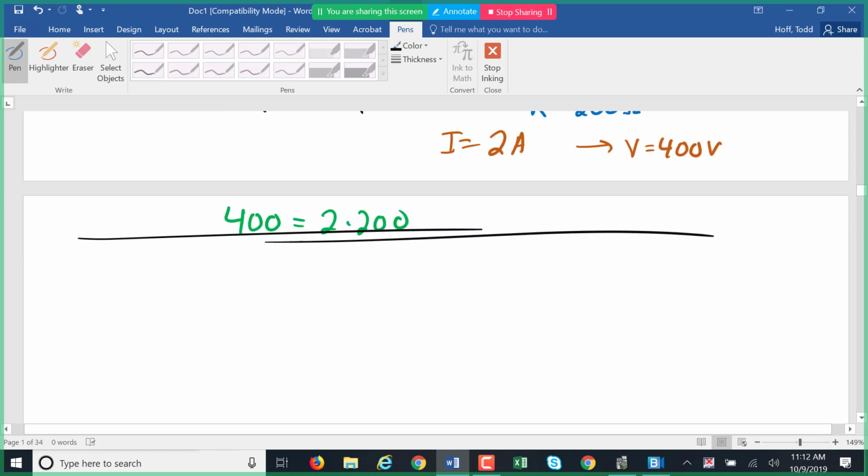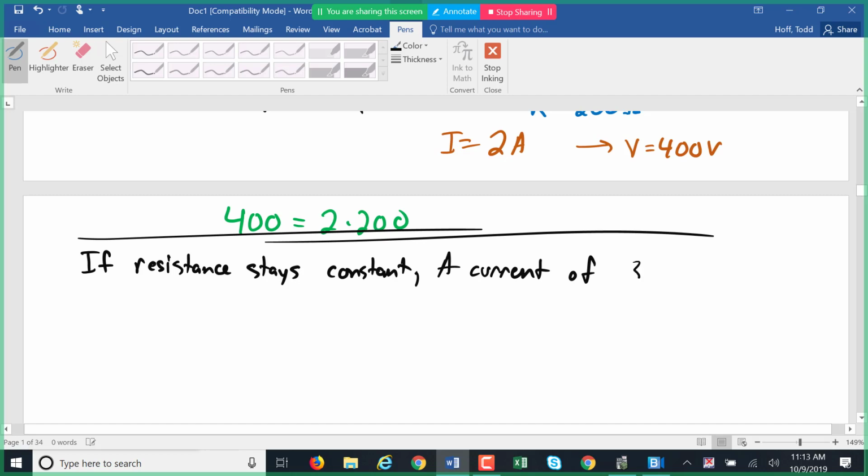So what we normally do in this type of relationship is specify the variable that doesn't change. If resistance remains constant, a current of 3 amps gives 18 volts.